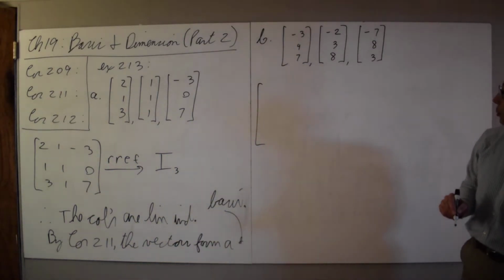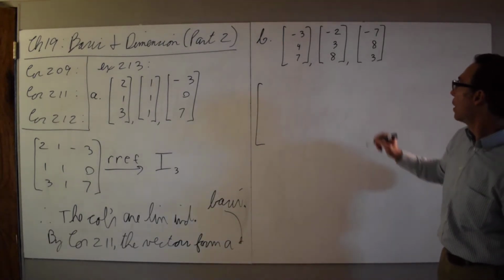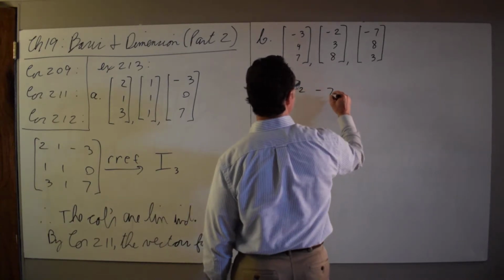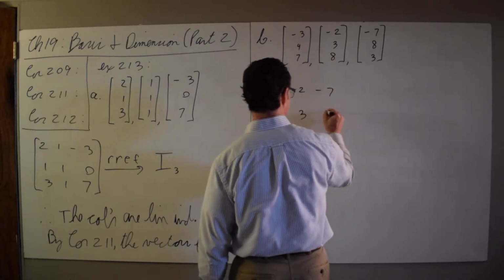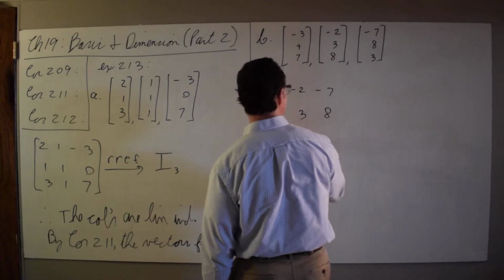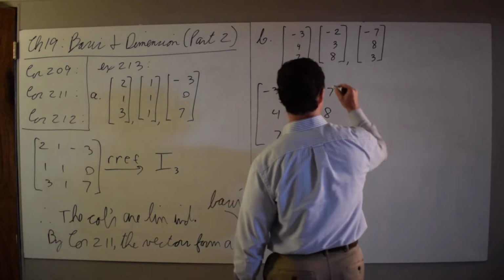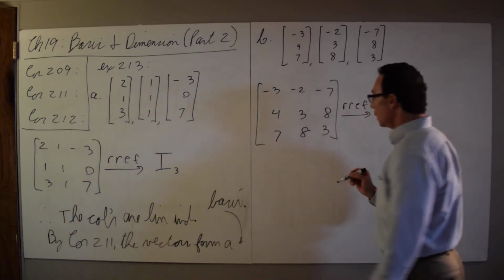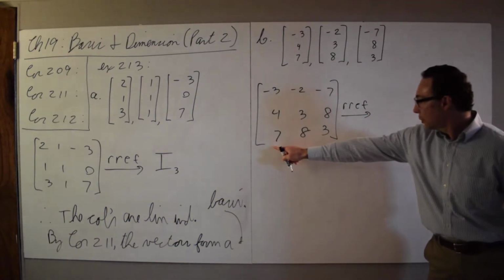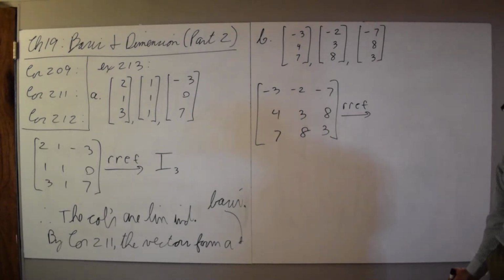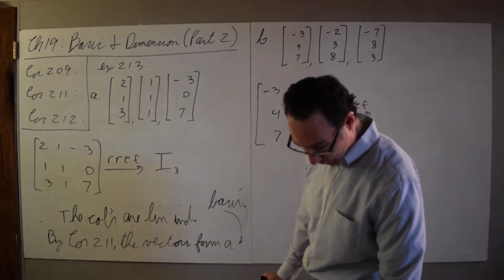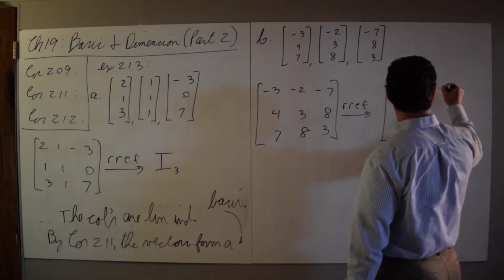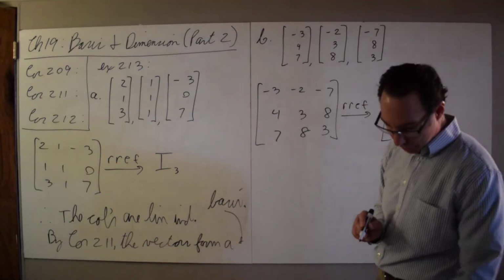We'll make the 3 by 3 matrix whose columns are these three vectors. We'll put the matrix in reduced row echelon form using row operations, and when we do, we have the following matrix.